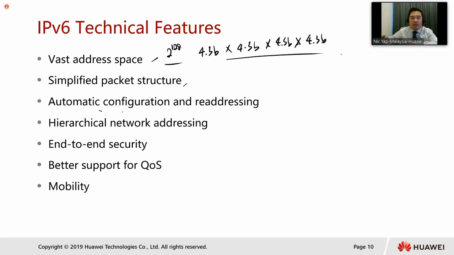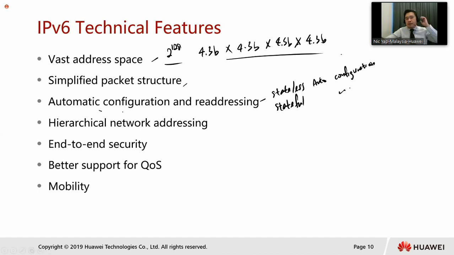They can be based on DHCP, either stateful or stateless DHCP, or they use their own auto configuration mechanism. They have two ways: stateless and stateful autoconfiguration.